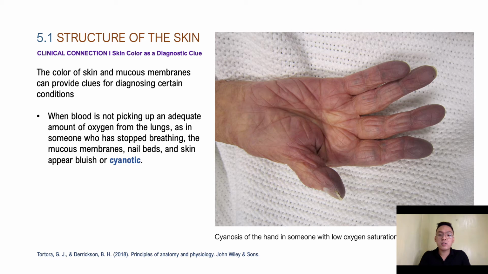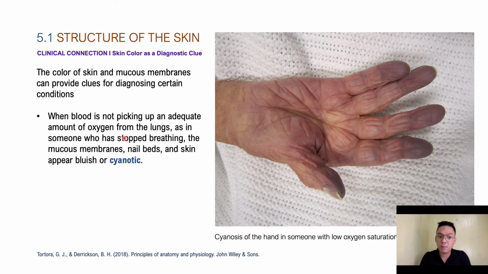Skin color is also used as a diagnostic clue. The colors of skin and mucous membranes can provide clues for diagnosing certain conditions. So the first is cyanosis. You can see it in the hand of the patient when they have low oxygen saturation.